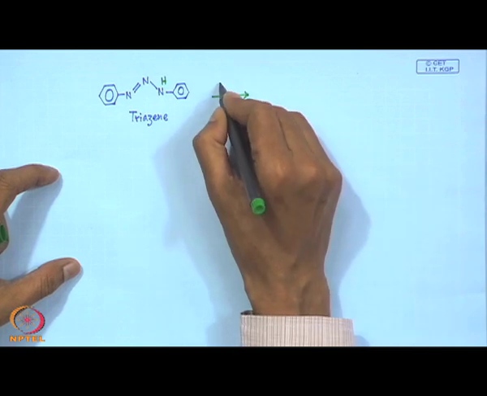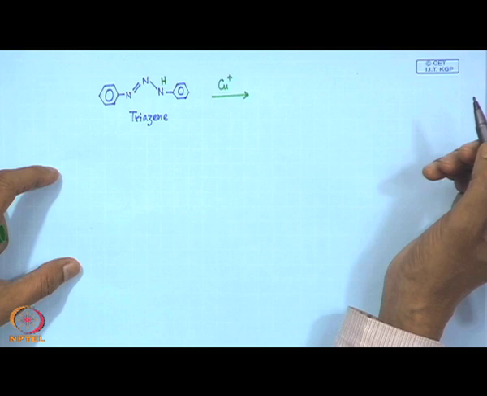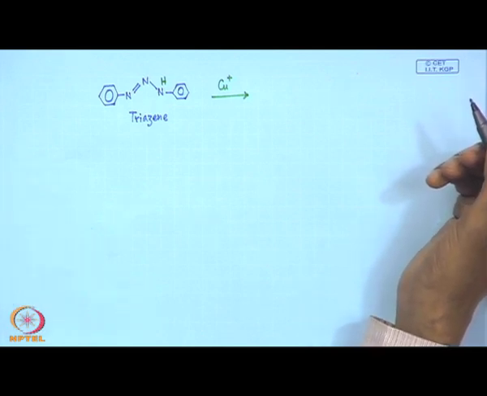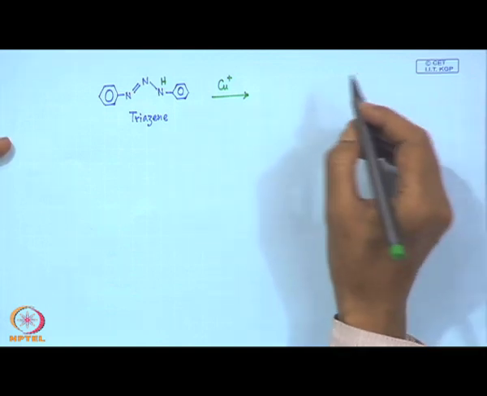So, the reaction of this triazine with a copper 1 salt, how does it go? This gives a very useful molecule, a binuclear compound.